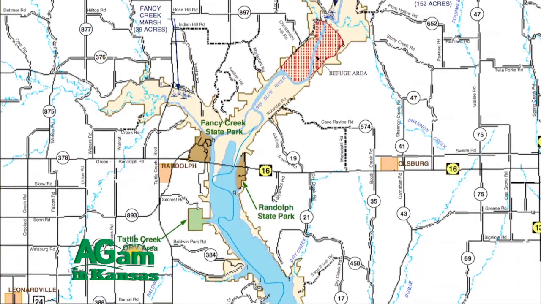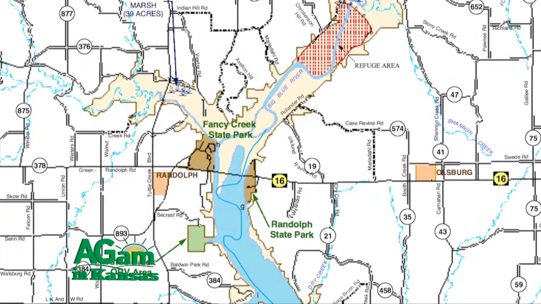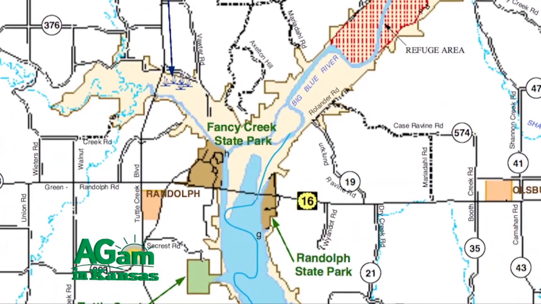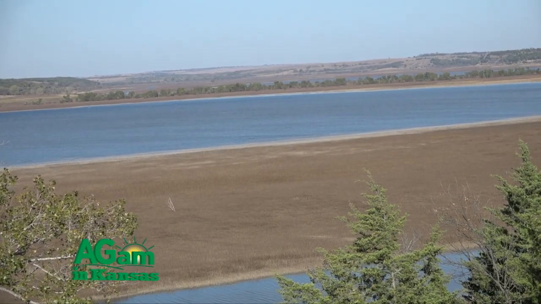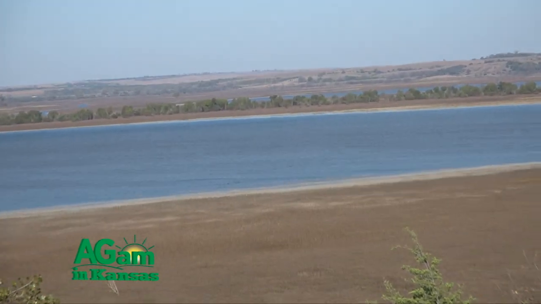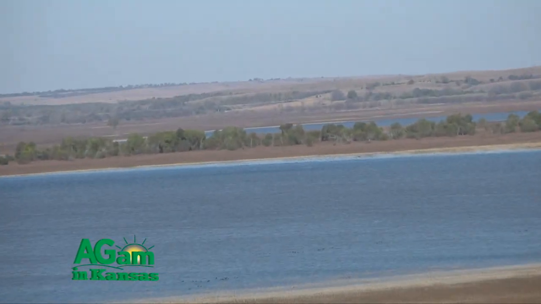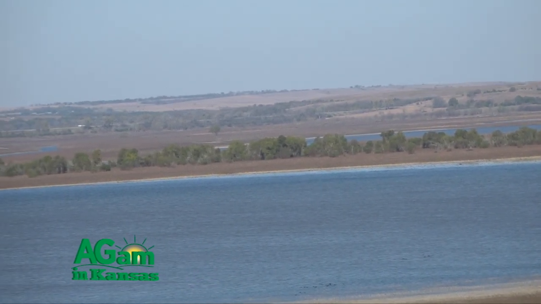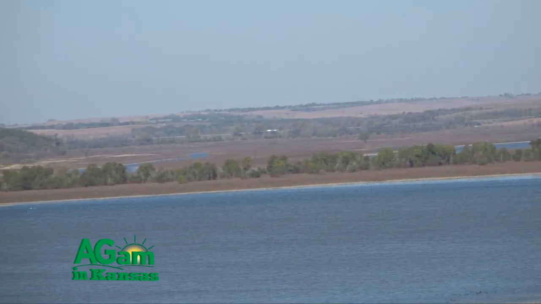Of course, this is where Fancy Creek and the Blue River come in from the north, and as the water starts to slow down, a lot of that sediment that's suspended in the water is dropped out and accumulates here, so you see more evidently the issues that we are and will be dealing with.